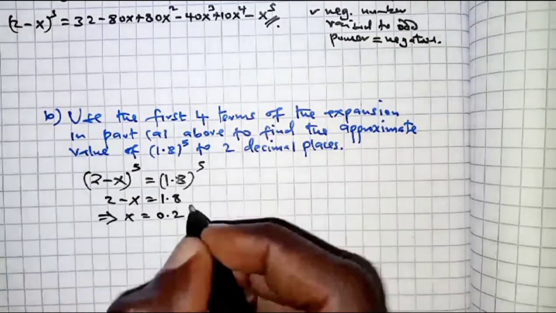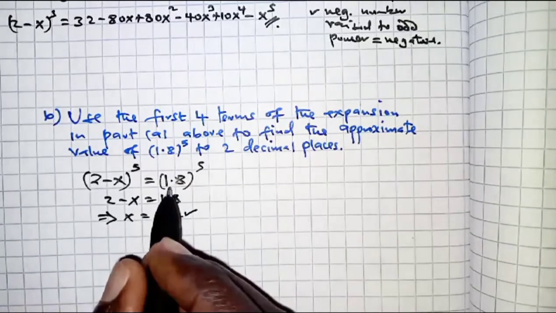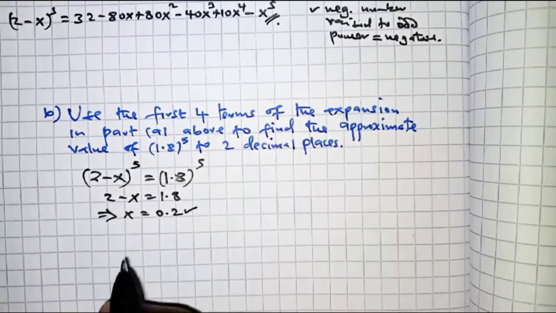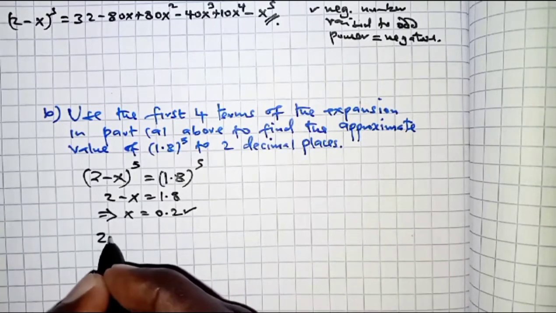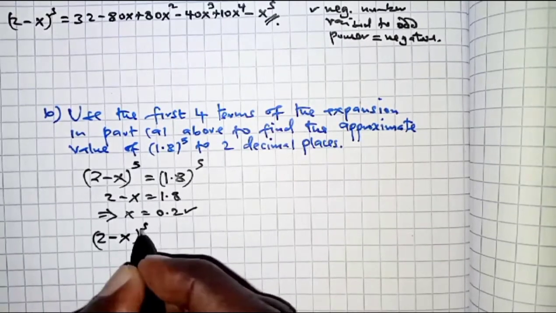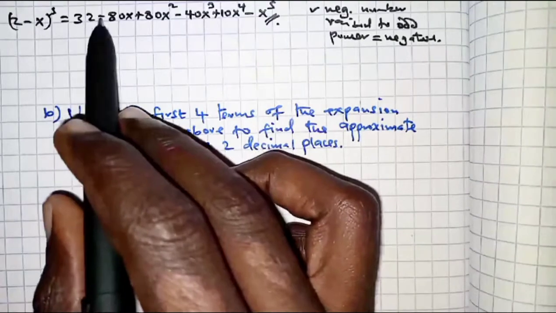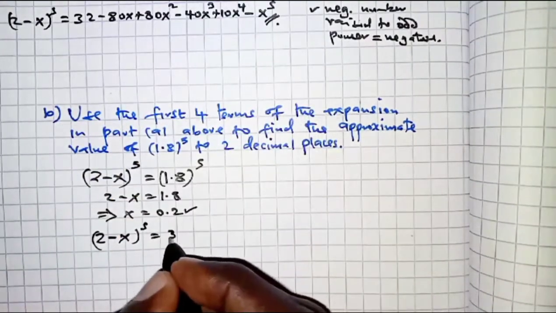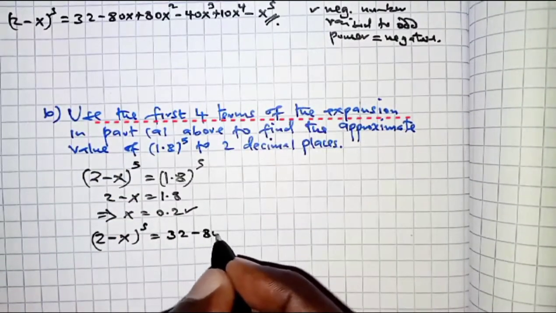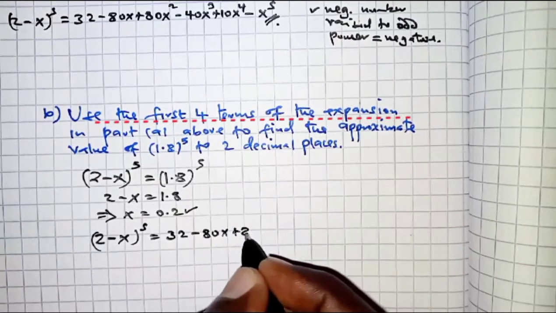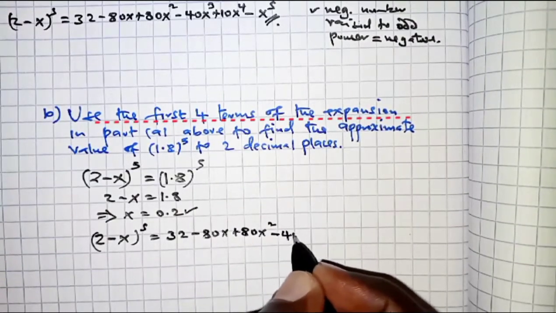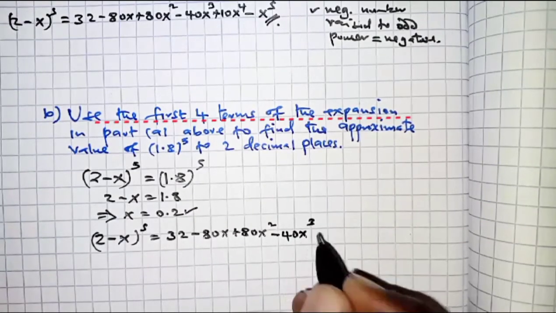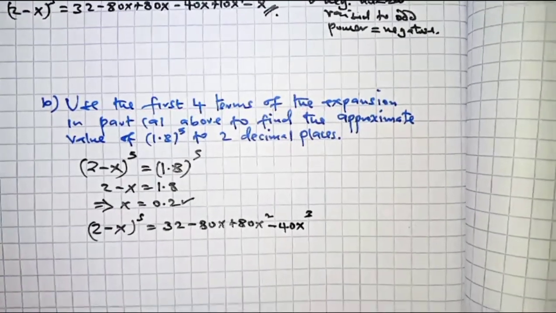With this, we can now get the value of 1.8 to the power 5. Remember, we are told to use the expansion. (2 minus x) raised to the power 5 is equal to, the first 4 terms, 32 minus 80x plus 80x squared minus 40x cubed. So those are 4 terms.